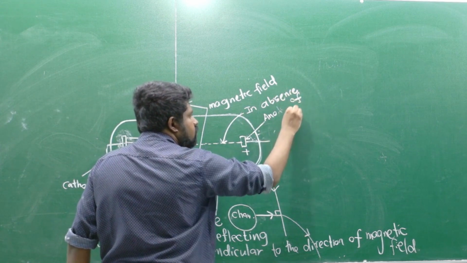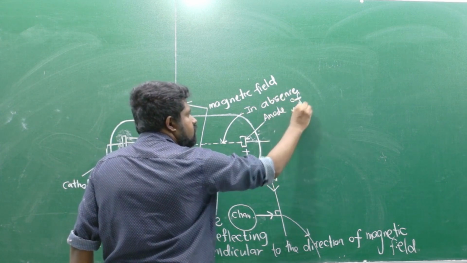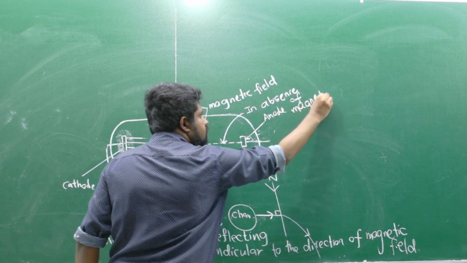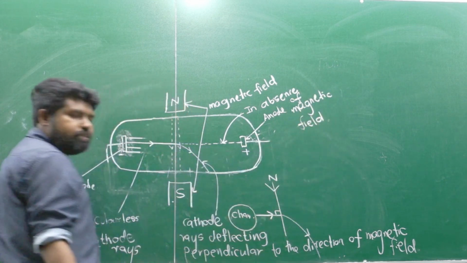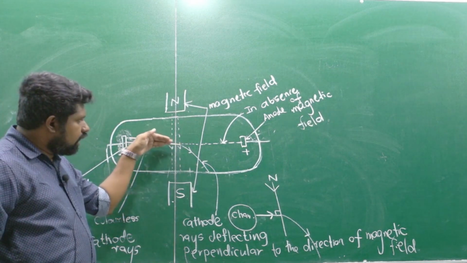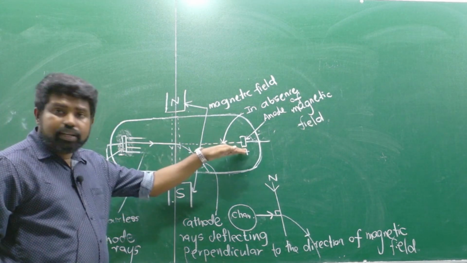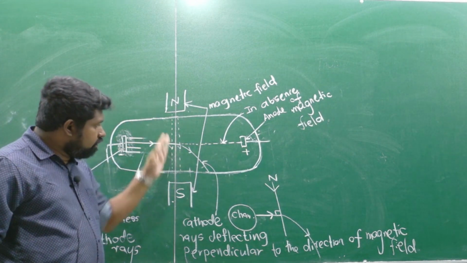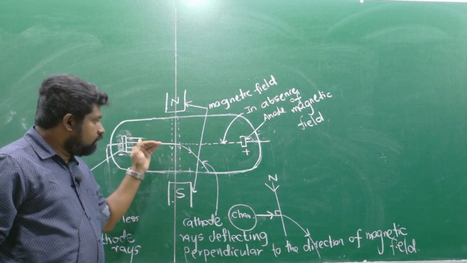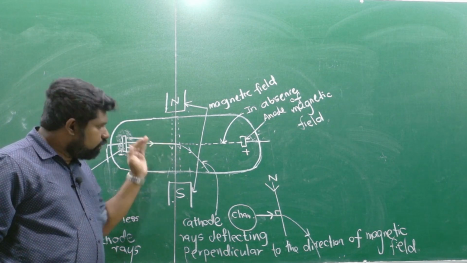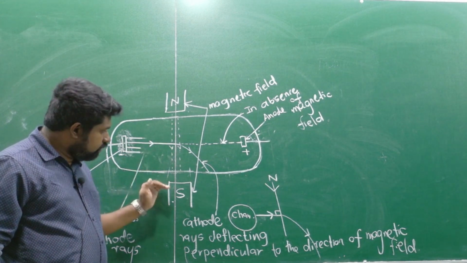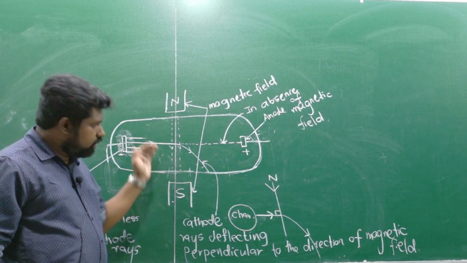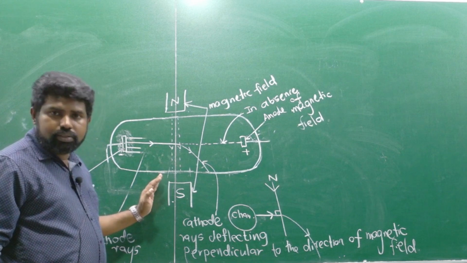Write it also: in absence of magnetic field, cathode ray particles travel in a straight line. But when there is a magnetic field in the perpendicular direction, a force is generated perpendicular to the direction of motion and perpendicular to the direction of the magnetic field. So it travels in a perpendicular direction.